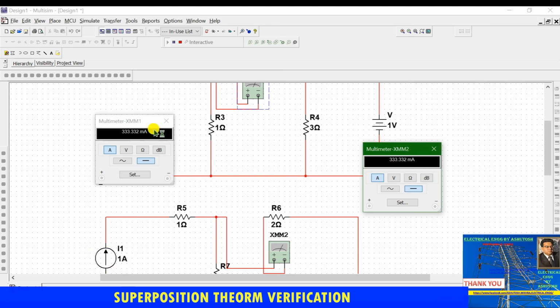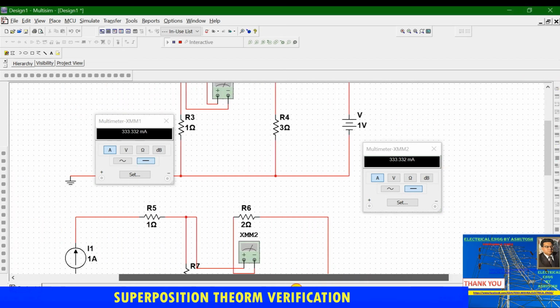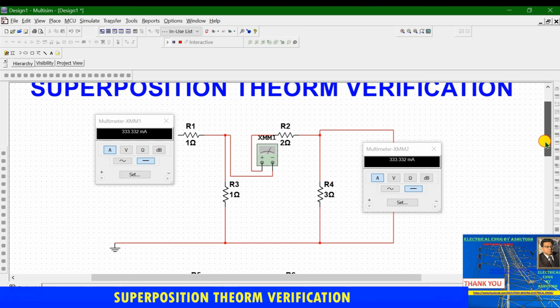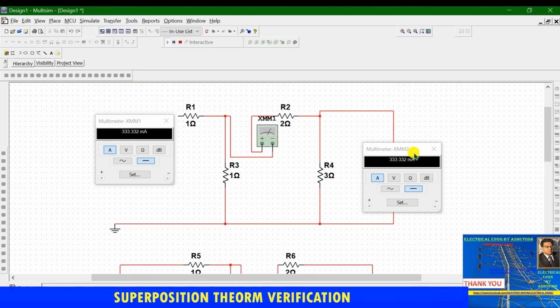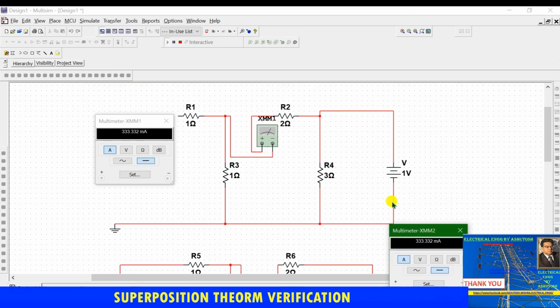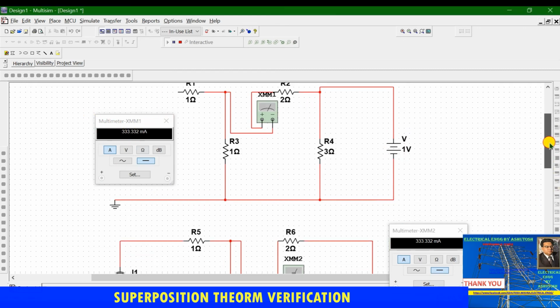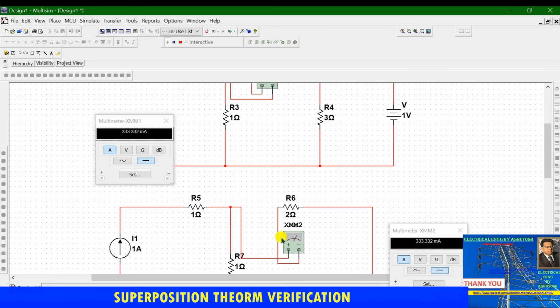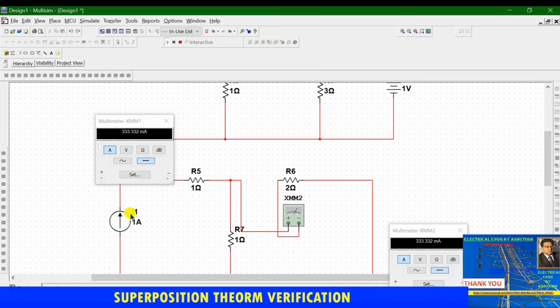This current is flowing from right to left in this diagram, because this DC voltage source is sending current from right to left, and the 1 ampere current source is sending the same amount of current from left to right.